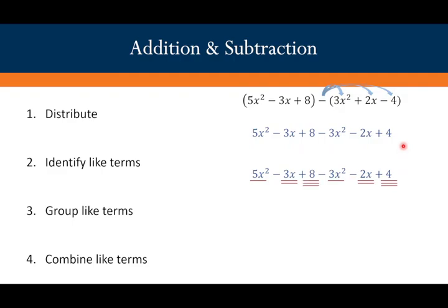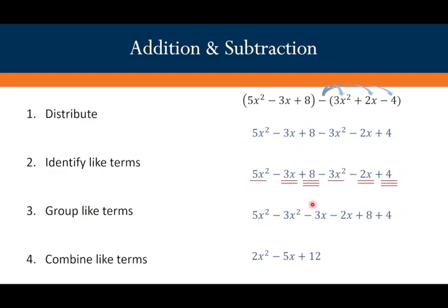And then you're going to group them. You don't have to do this next part, but I'm just going to do it this one time to show. We're just going to rearrange the order of these things so the like terms are next to each other. And now we can combine these two terms, combine these two terms, combine these two terms. 2x squared, negative 3 minus 2 is negative 5, and 8 plus 4 is 12.